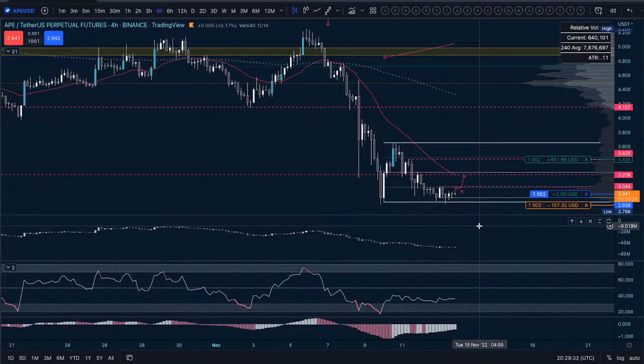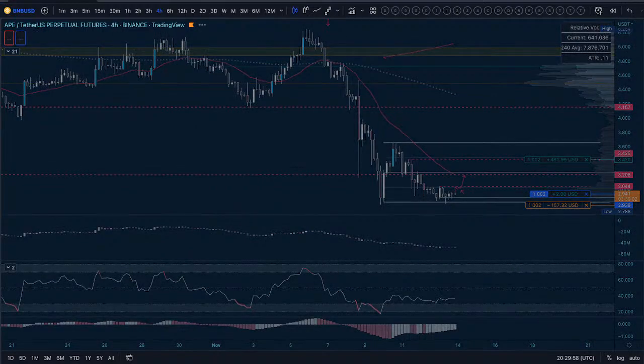Yeah, it looks reasonable. I'm just gonna keep it as it is. The BTC side, yeah, BTC looks horrible.